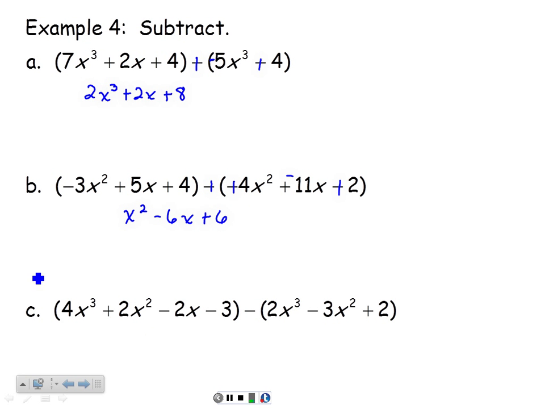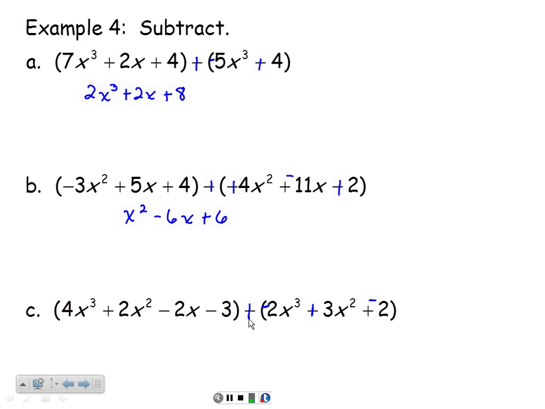Alright, in letter C, let's try this one more time. Cross your main subtraction sign and make it addition, and take the opposite of every term that follows that subtraction sign that you changed. In other words, cross the main subtraction sign and make it plus, and take the opposite of every term in the group that follows.